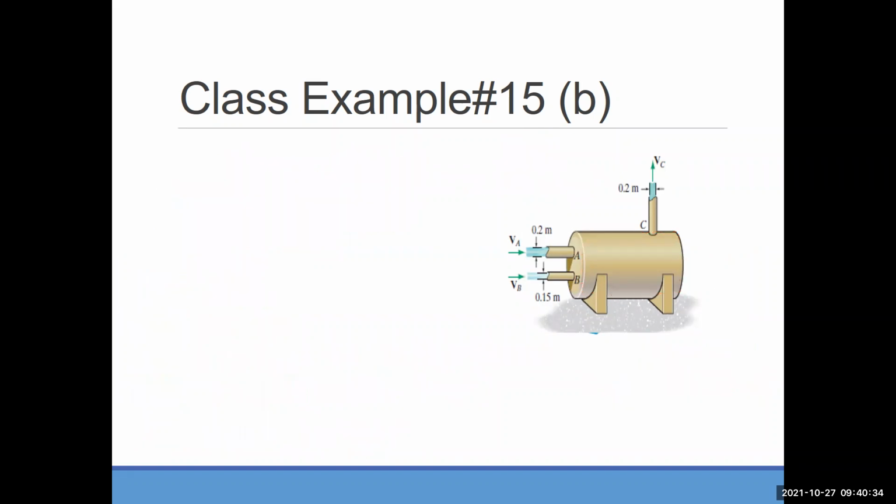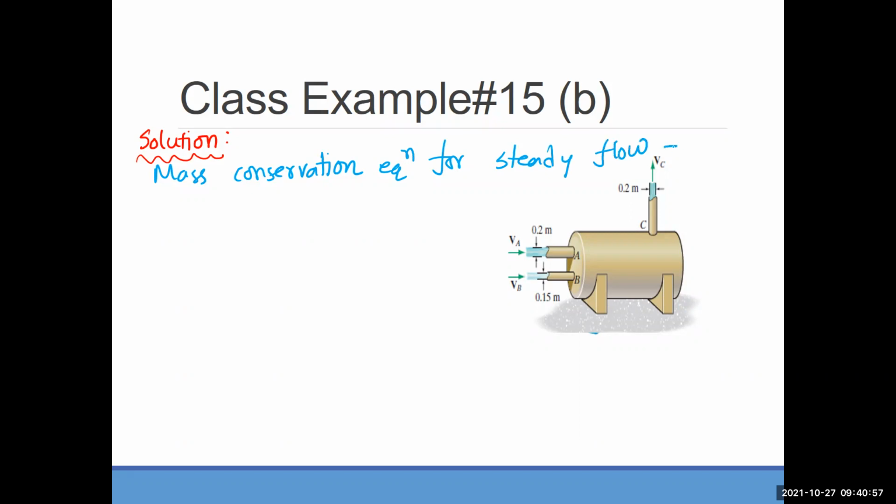Rather, we will start from the steady mass conservation equation. Okay. So let's start: mass conservation equation for steady flow. If I can remember properly, that should be inflow rho AV, outflow rho AV, right?